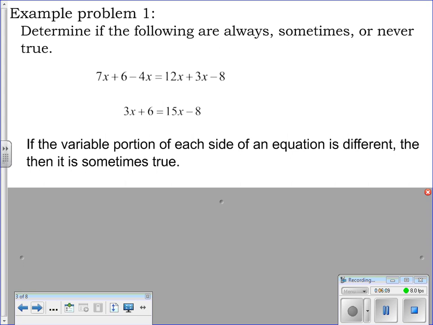I can solve this and get x equals, well, in this case, 14 over 12, 7/6. X equals 7/6. That's the sometimes that it's true. When x is that number, it's true. If it's anything else, it's not true. If the two variable portions are different, I don't have to go any farther. I know I have a solution.